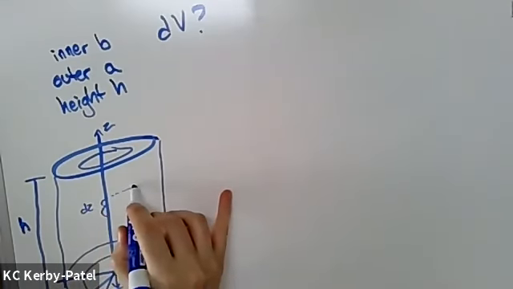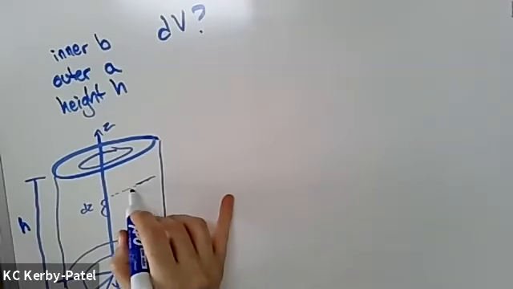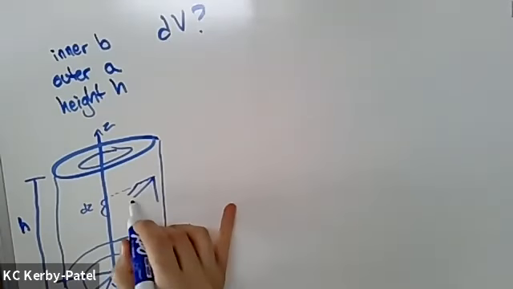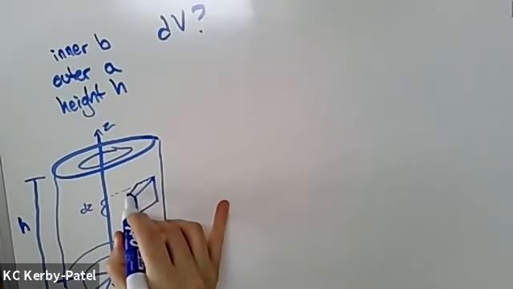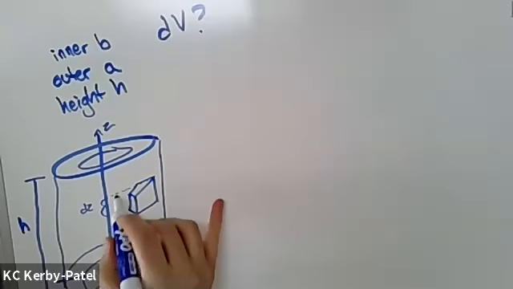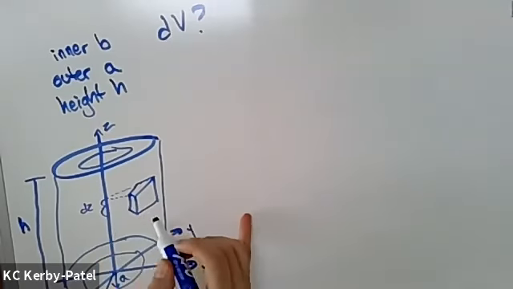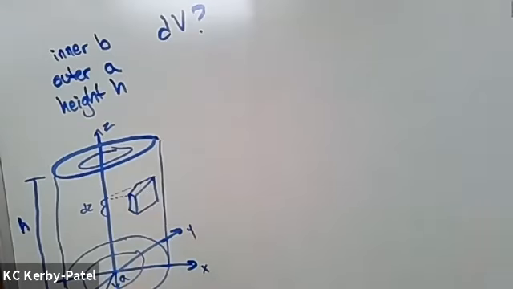And I'm going to take a little angular chunk like that. And I'm going to take a little chunk depth-wise like that. That would be my differential volume element. That's what dV looks like. It's a little not quite cube of volume.